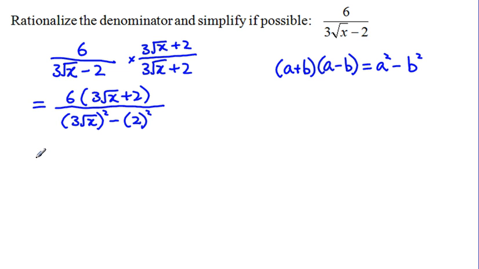So let's continue. The numerator remains the same. We have 6 times 3 radical x plus 2.